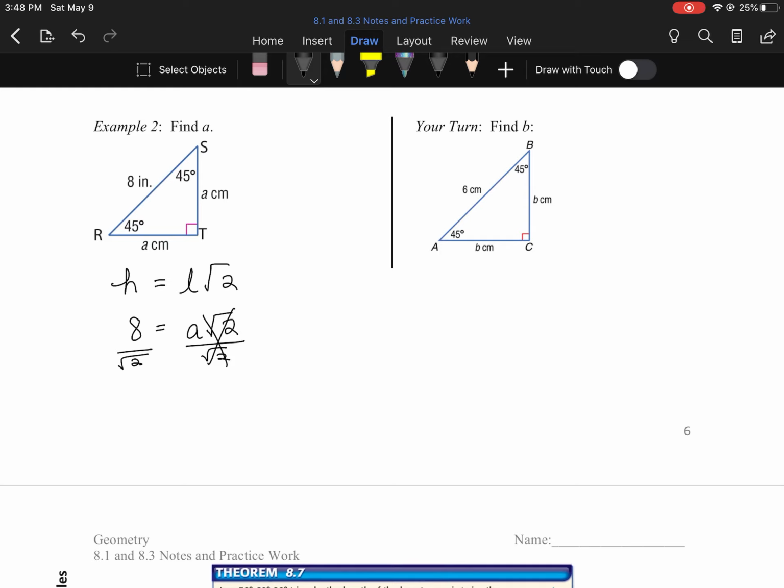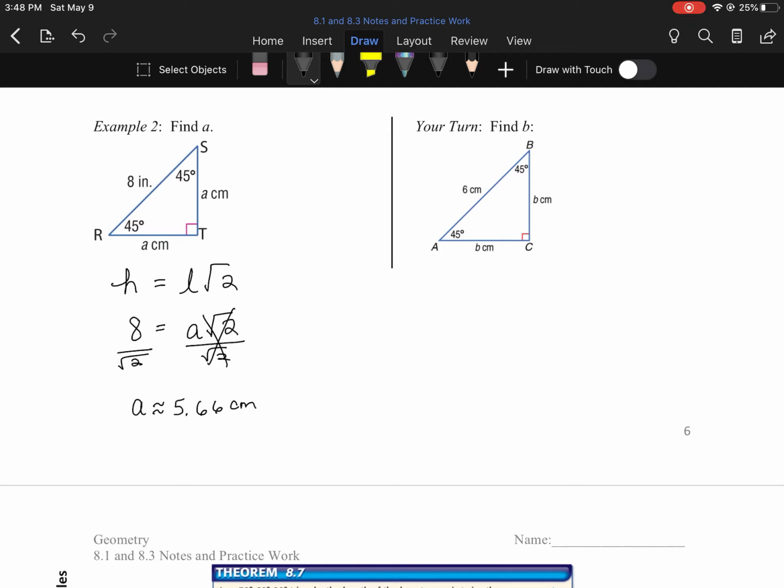So you can write this as a decimal. So if I do that, let me figure out what that is here because I only have the other version I'm going to show you. That means the leg is approximately 5.66, okay? So 5.66 centimeters.